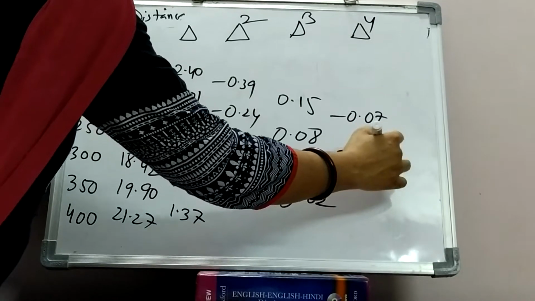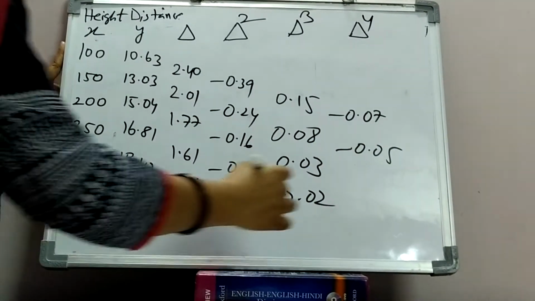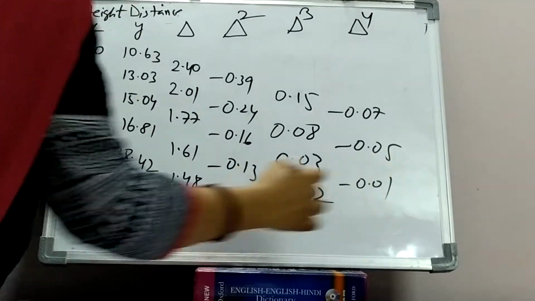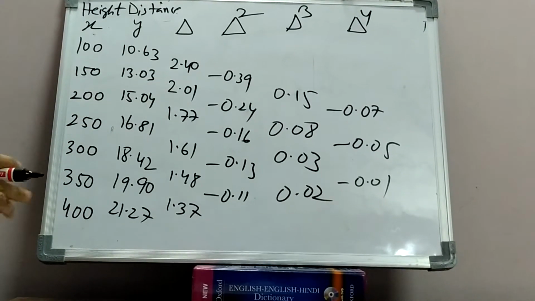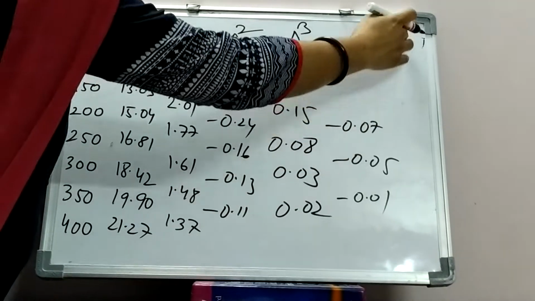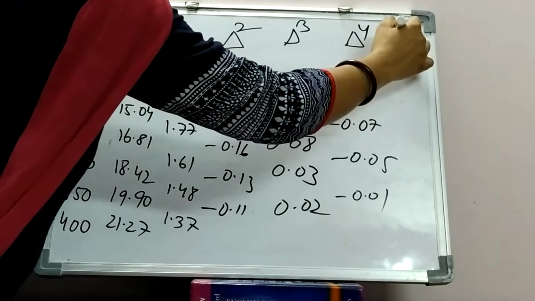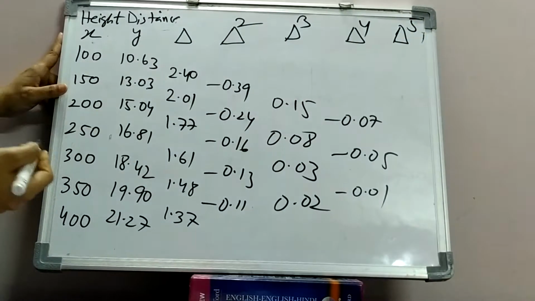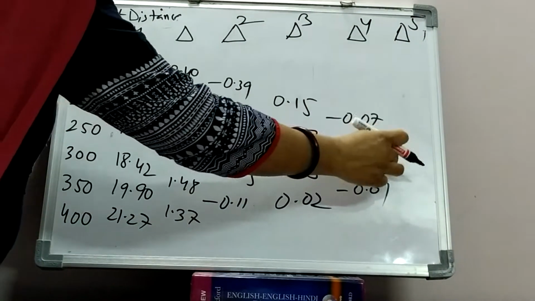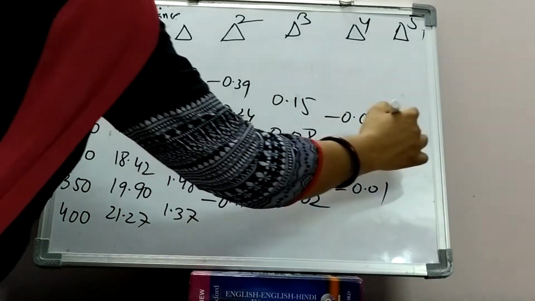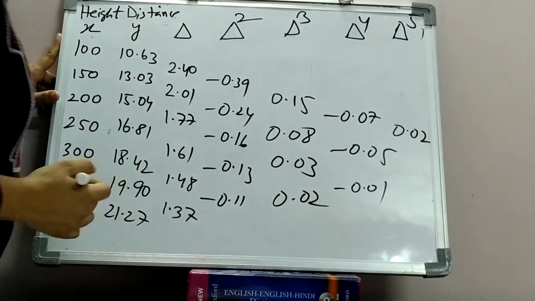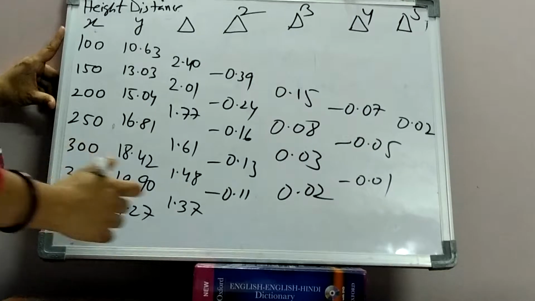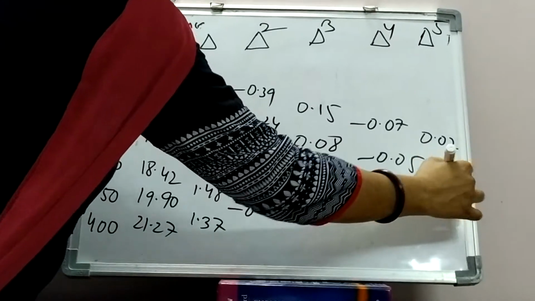Likewise here minus 0.05 and minus 0.01. Some more values can also be there, but I don't have space over here to write, so I can adjust delta 5. This minus this again will be 0.02, and this minus this is equal to 0.04.